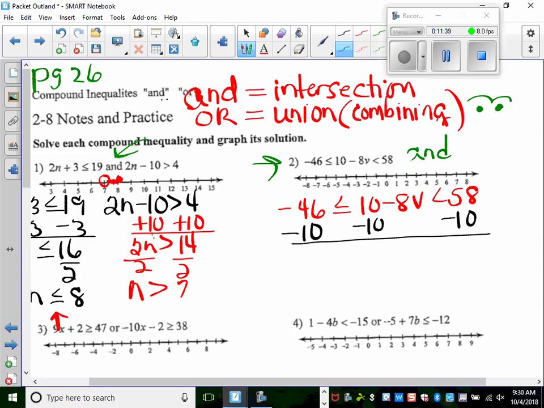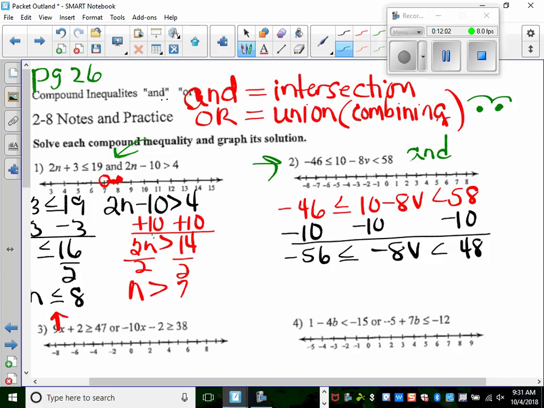All right, so what is negative 46 and negative 10? Negative 56 is less than or equal to negative 8v, which is less than 48. So all I did first was just subtract 10 from the middle and from both sides. Now I'm going to divide by negative 8.